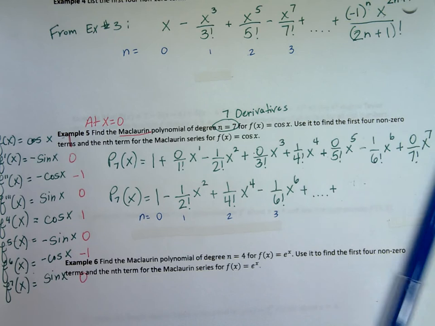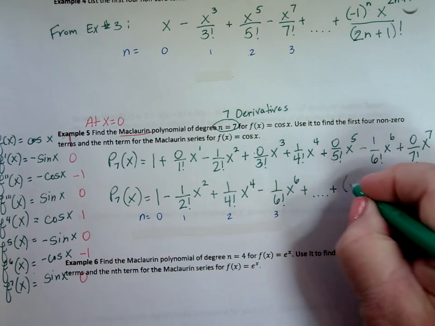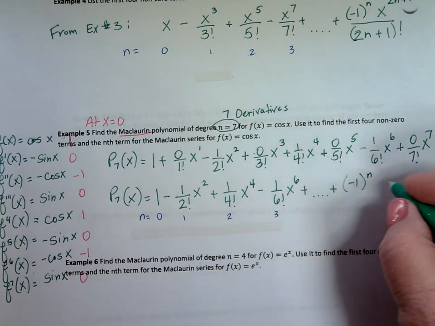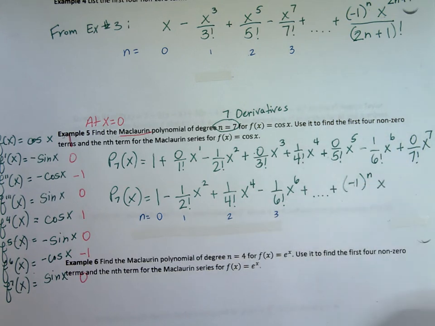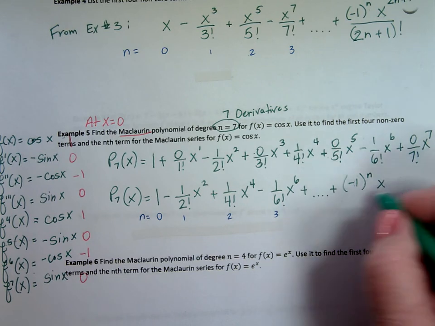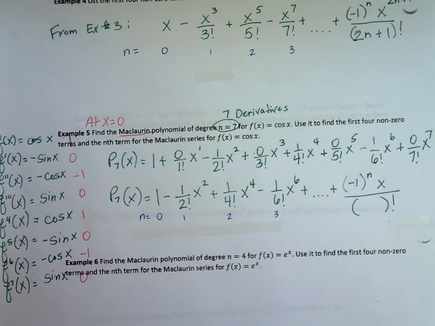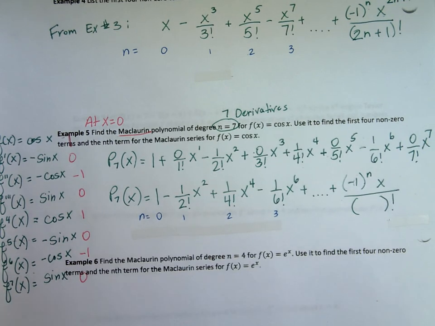All right, so we know it's alternating signs, -1 to the n. We're going to leave it as an n. We'll come back and check it. We know we have an x to some power. And whatever that power is going to be the same thing as what our denominator is factorialed. So let's check it out.